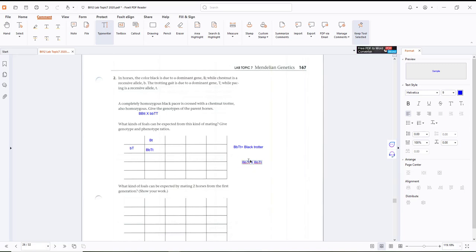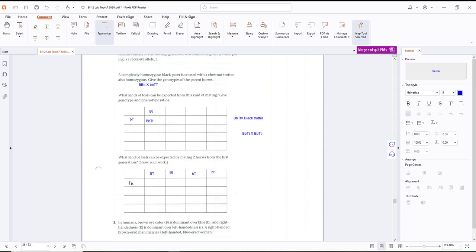So big B, big T, big B, little t, little b, big T, and little b, little t. And I'll do the exact same gametes on this side.